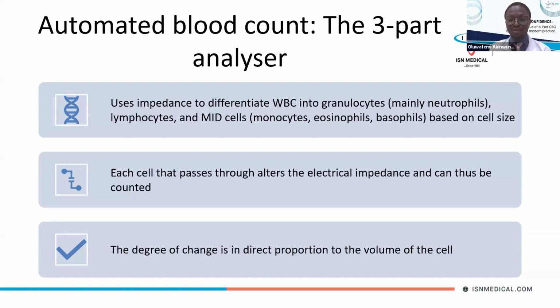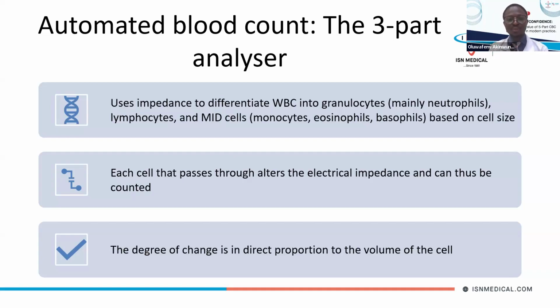Also, depending on the volume of the cell that passes, you can see how much impedance has occurred. So with these two basic observations, we can make a count of the number of cells that pass through the aperture, and you can also differentiate the type of cells that pass based on the volume of the cells.